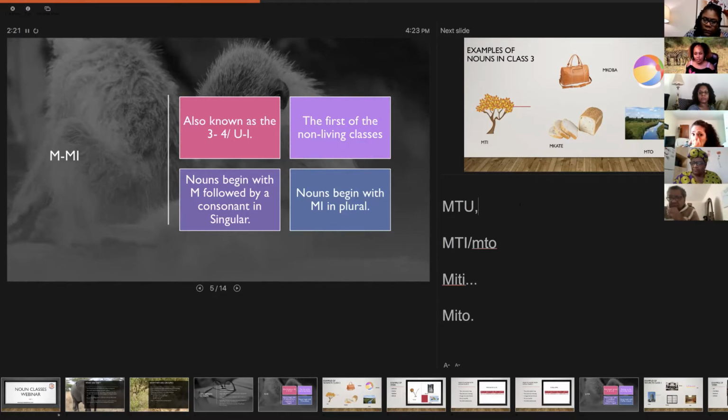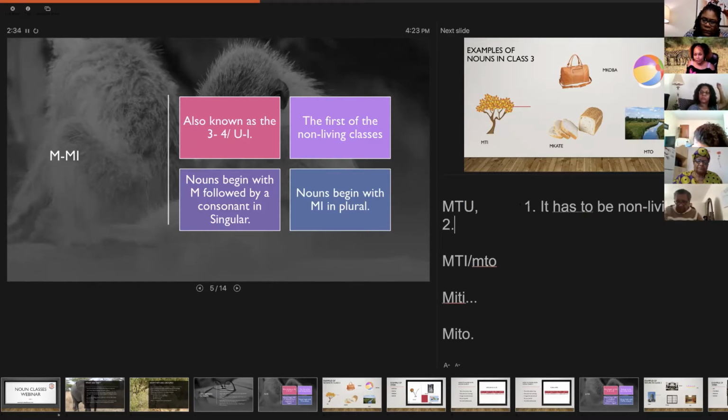So let's reiterate. How do we know noun class 3? One, it has to be a non-living thing. Two, it has to start with M, followed by a consonant.